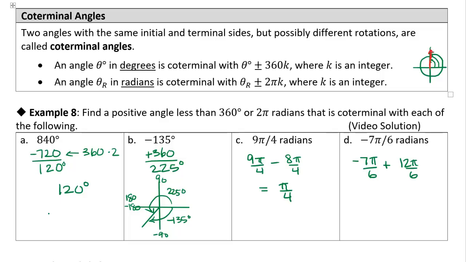If I take negative 7 pi over 6 and add 12 pi over 6, I'm going to end up with 5 pi over 6. That's between 0 and 2 pi, because 5/6 of a pi is less than 2 pi. So 5 pi over 6 is coterminal with negative 7 pi over 6.